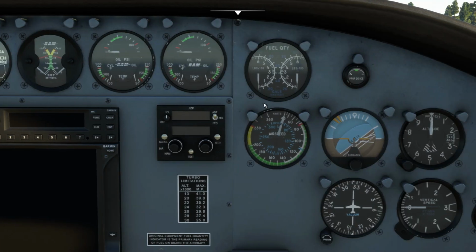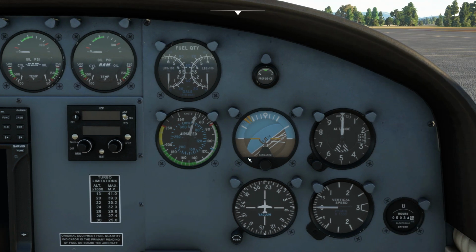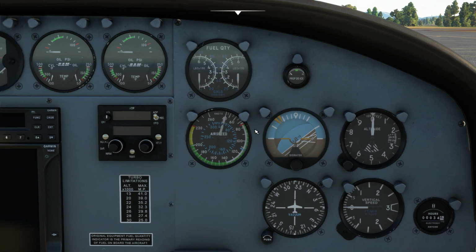This is another airspeed indicator for the right side, and we have a horizontal attitude indicator, an HSI, an altitude indicator, and a VVI. This is the electronic Datcon timer, which shows how much you have flown the aircraft. I've flown it 34 hours, so yeah.